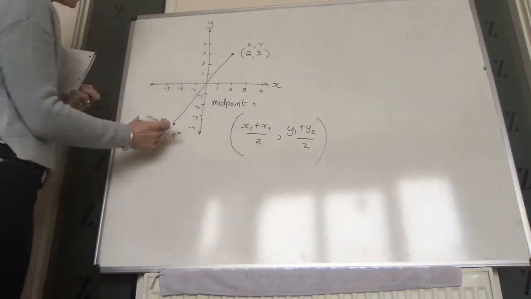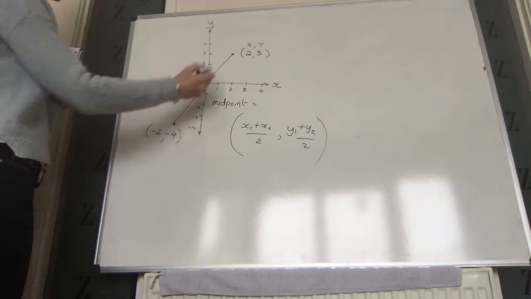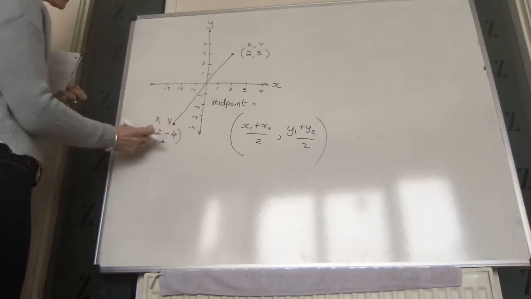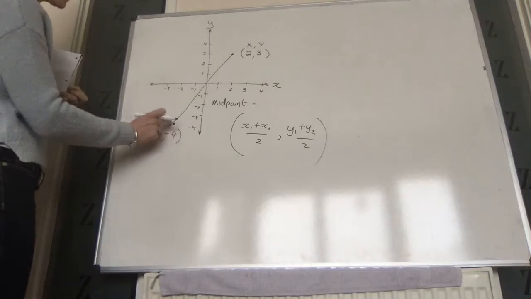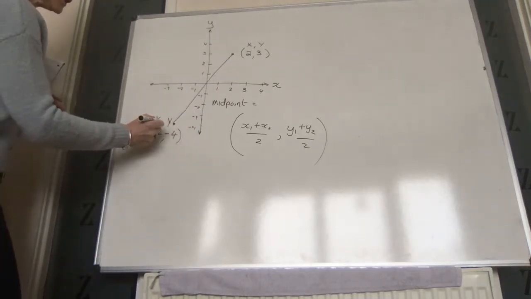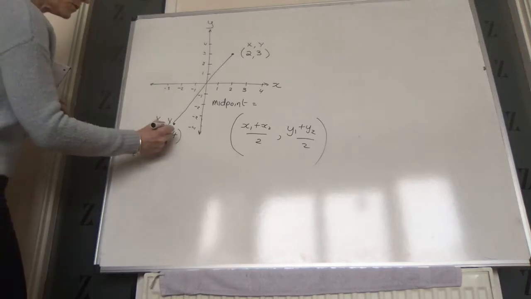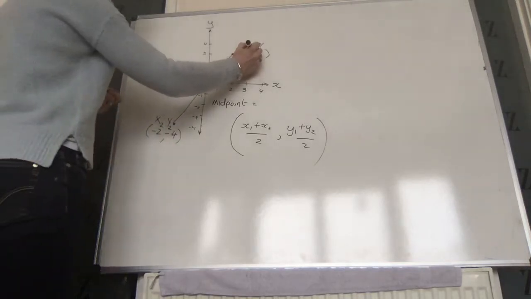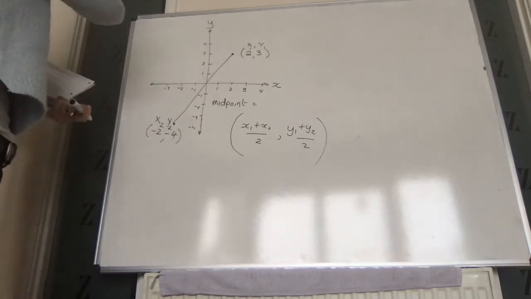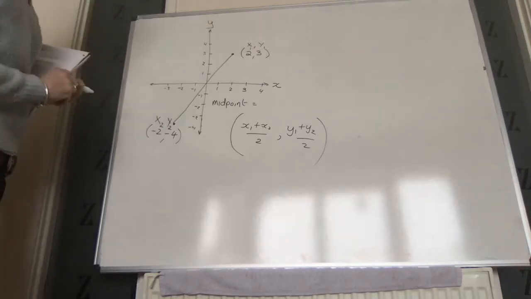Now, what does that mean in the context of the question? Well, for these 2 points, we will have to label them. The first coordinate is the x, the second one is the y. We label one of them, it doesn't matter which one, x2, y2, and x1, y1. Obviously, we need to give them labels because we can't call them all x, y.